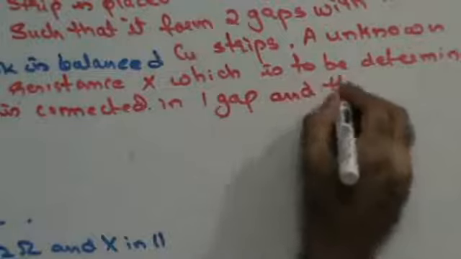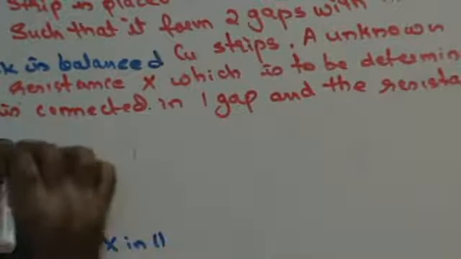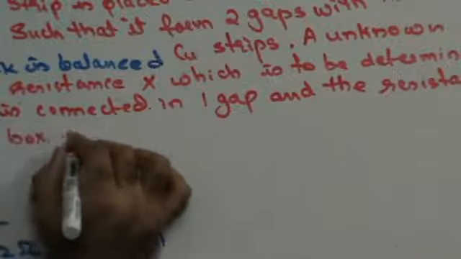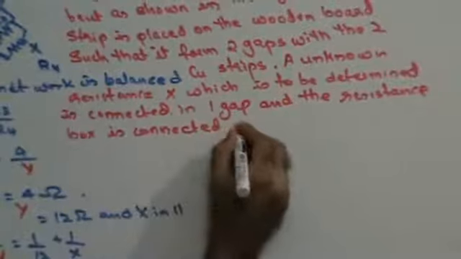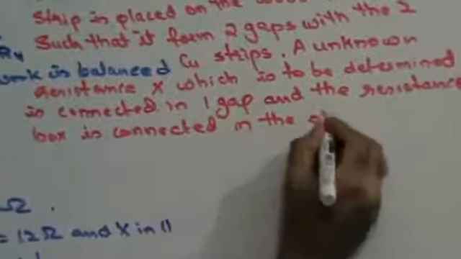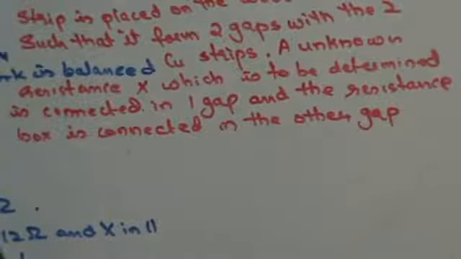And the resistance box is connected in the other gap. So known resistance in one gap, unknown resistance in the other gap.